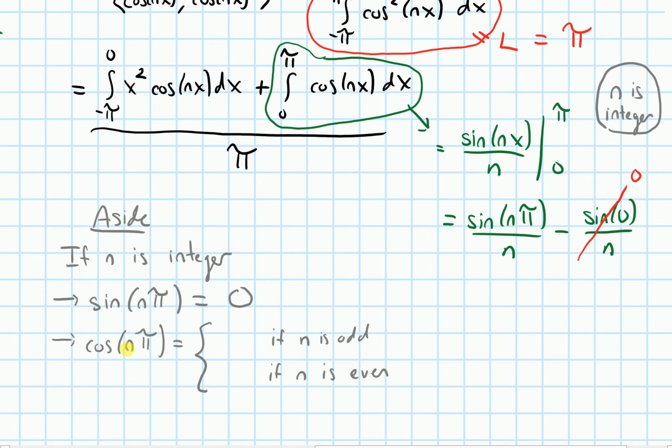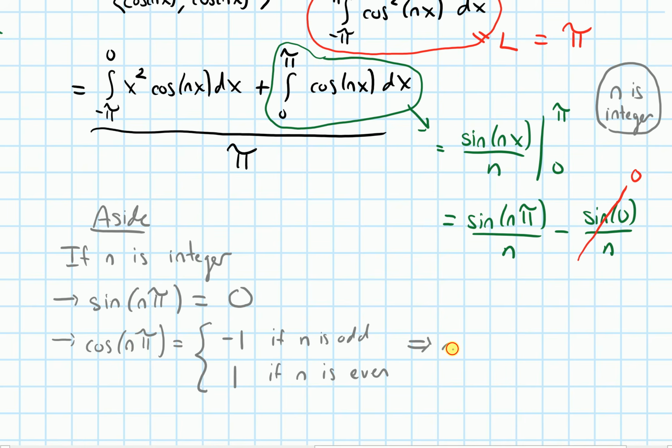If n is even, we're going to get values like cosine of 2 pi, or cosine of 4 pi, or cosine of 6 pi. And those are all 1. If n is odd, we get stuff like cosine of pi, or cosine of 3 pi, cosine of 5 pi. And those will all be negative 1. So cosine of n pi alternates back and forth between being negative 1 and being positive 1.